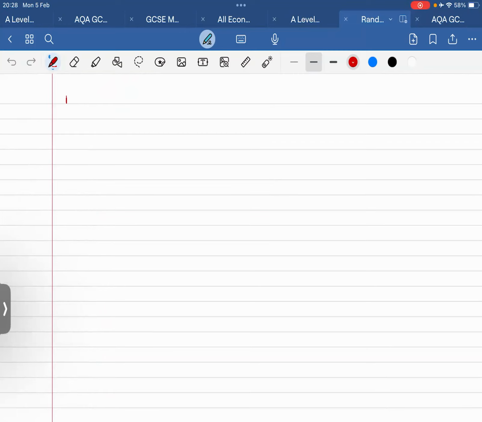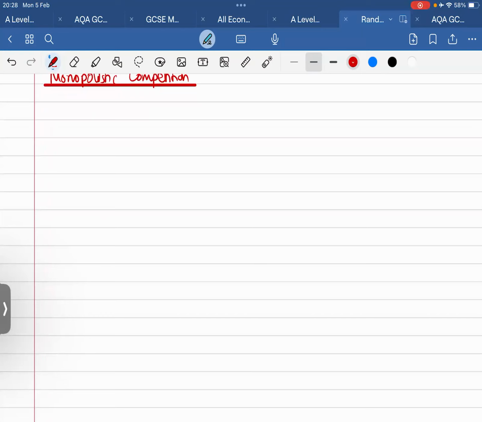Next we have monopolistic competition. And this is defined by two things: free entry and exit, so no barriers to entry or exit, and slight product differentiation.